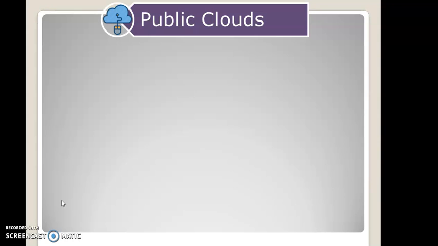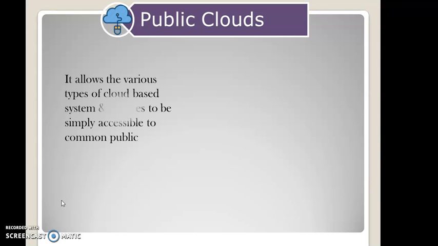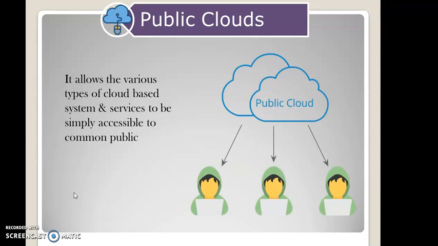Public cloud allows the various types of cloud-based systems and services to be simply accessible to the common public. So as the name indicates, all the cloud-based systems or services are accessible to all types of people or consumers. A number of IT giants like Google, Zoho, Amazon, Salesforce, Microsoft offer cloud services through the internet.